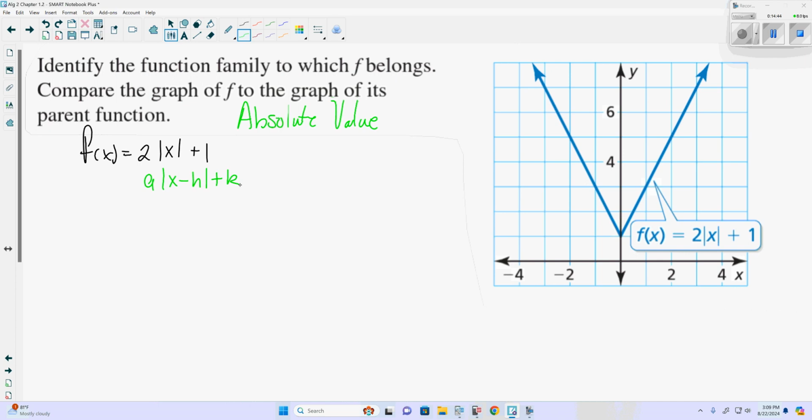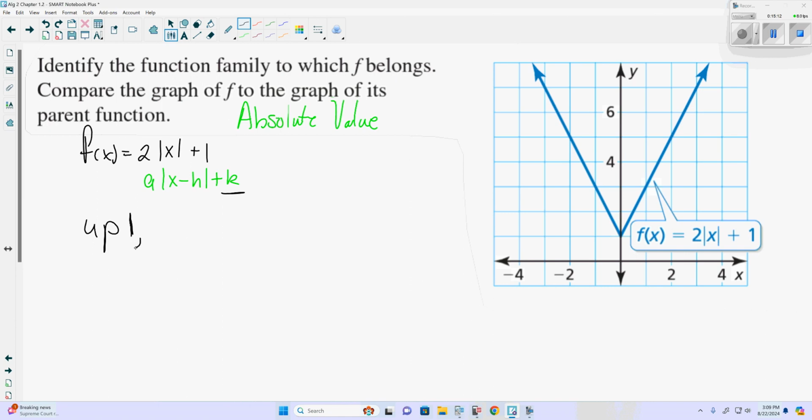Now looking at this here, we do have 2 values. 2 of our 3, a, h, and k, are being used. k is our up and down. And what is the value for k in this here? It's 1. Now we need to determine, are we moving up 1 or down 1? Up 1, because the 1 is positive.